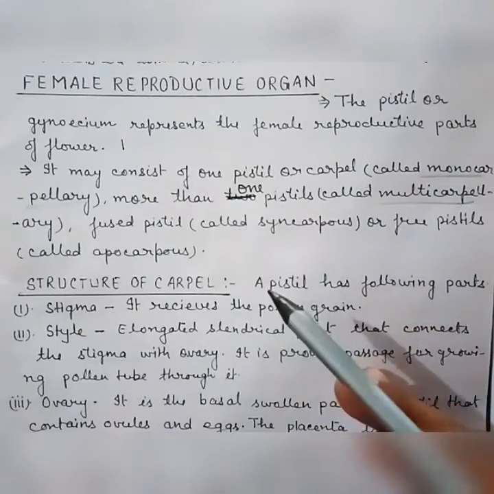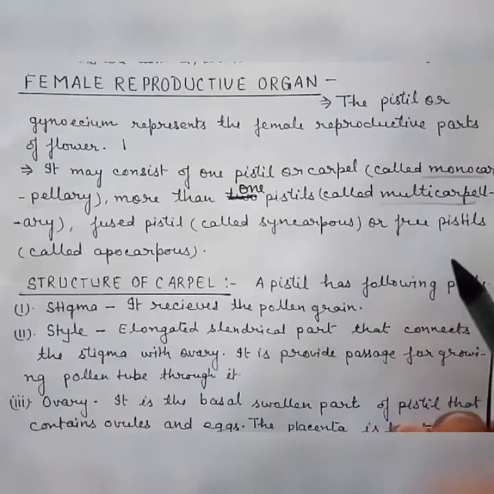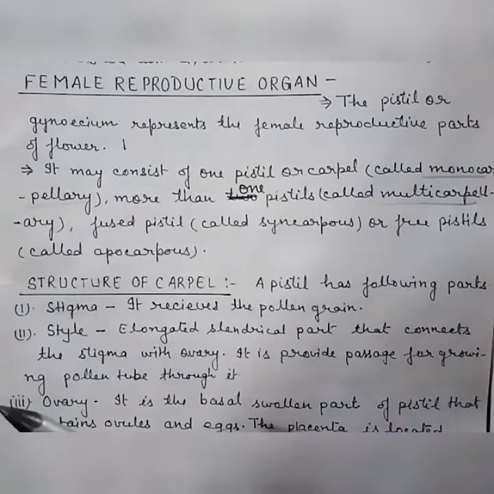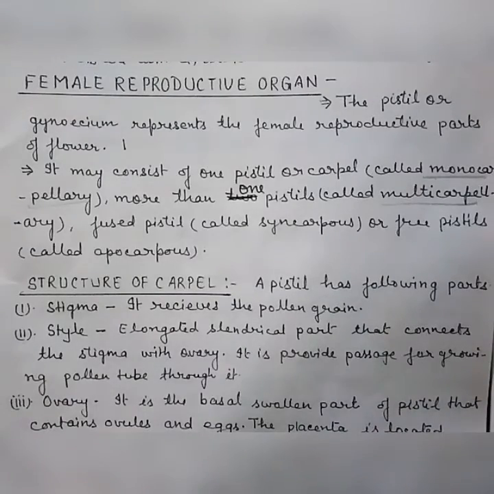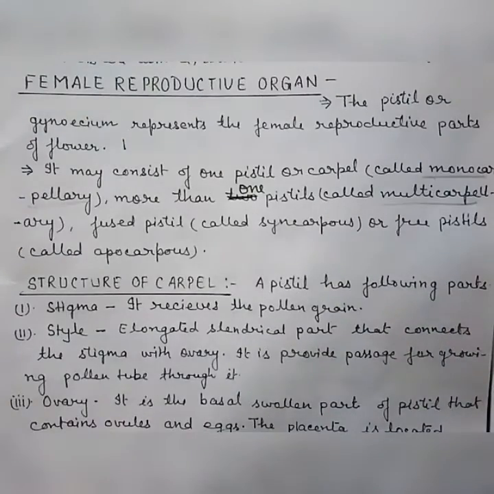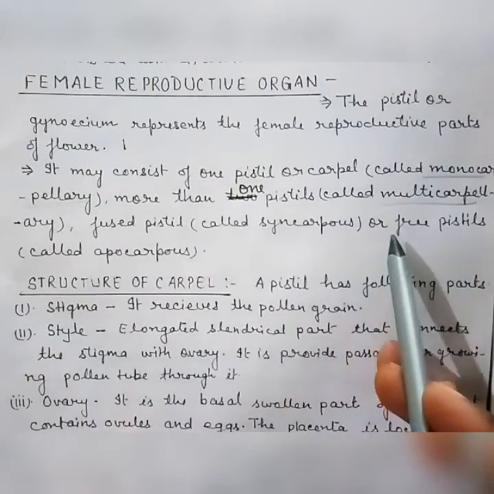If two pistils or carpels are present in a flower, it is called bicarpellary, and likewise tricarpellary, tetracarpellary, pentacarpellary or multicarpellary. If more than one carpel is present in the flower, it is multicarpellary.